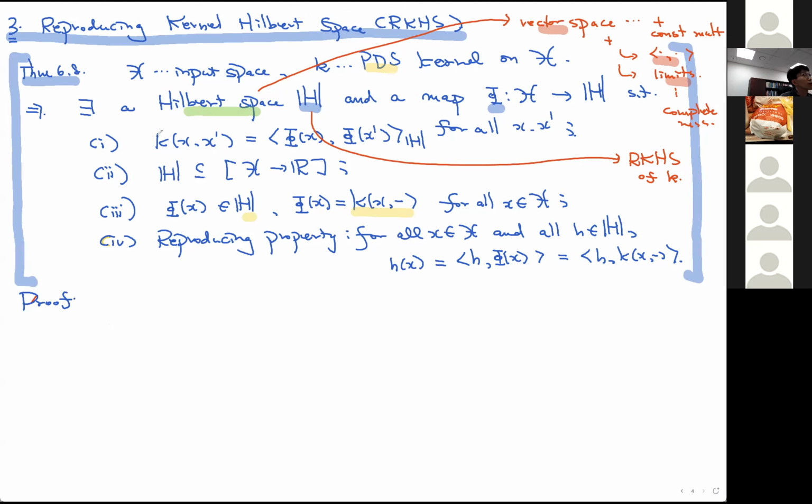We have about 15 minutes. So how to build H? We're going to build H in two steps. We'll first build H0. But this H0 is not quite Hilbert.